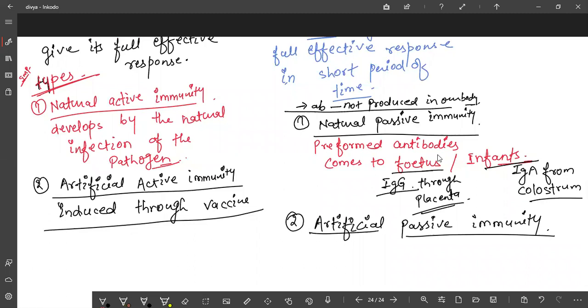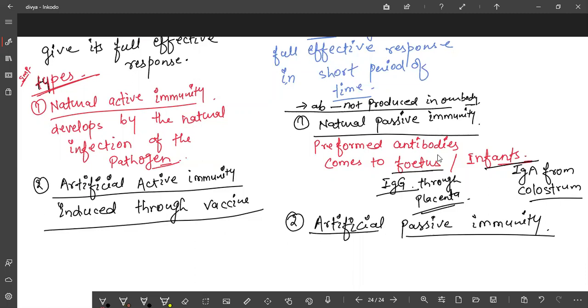After birth, when we are infants dependent on the mother, from colostrum one more antibody comes to our body. Which antibody is present in colostrum? IgA. So in this case, IgG and IgA are not prepared in our body, they come from outside naturally, because you are not going to tell the placenta to please provide this IgG.